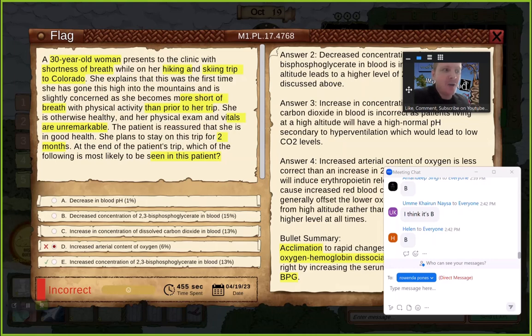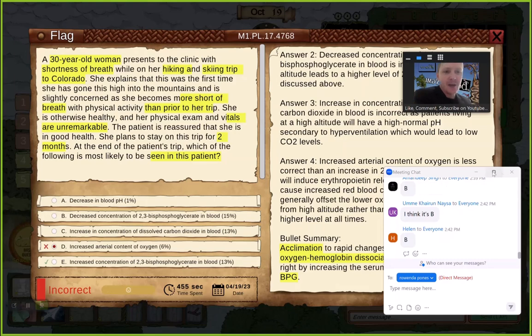So if there's an ambiguous sentence and you're saying, I don't know if they're testing me on whether this patient is at high altitude now or was at high altitude, I think you want to err on the side of the person being at high altitude currently, because that's the way they usually write those questions. So it's just another way to think about the question: what do they usually test on? And I'm just going to assume that they're testing on that.